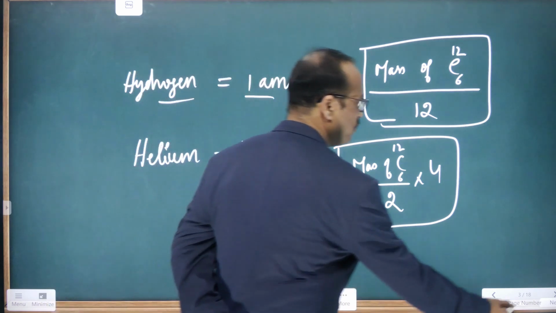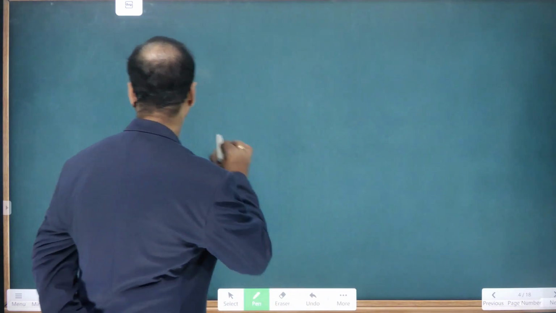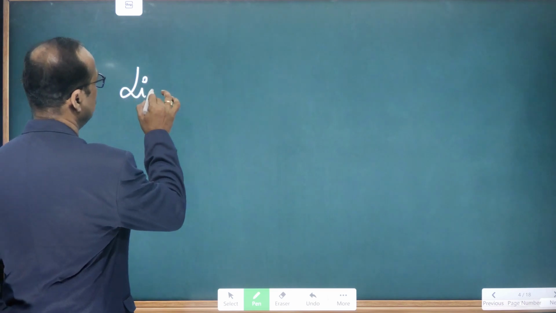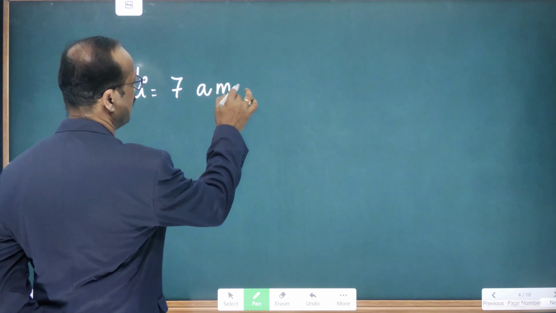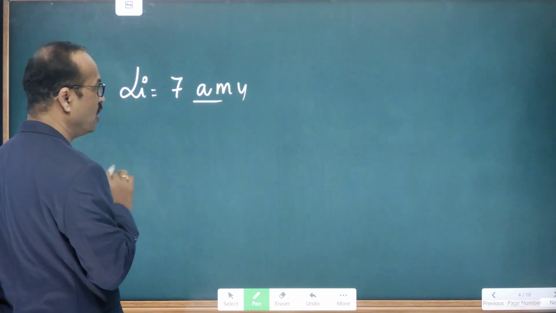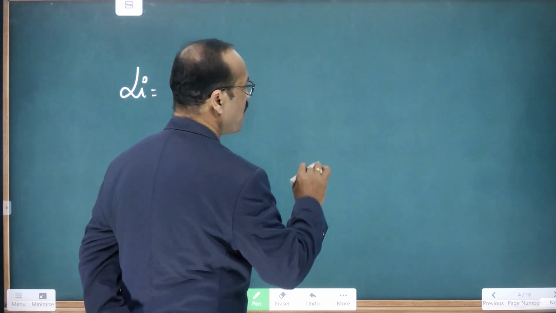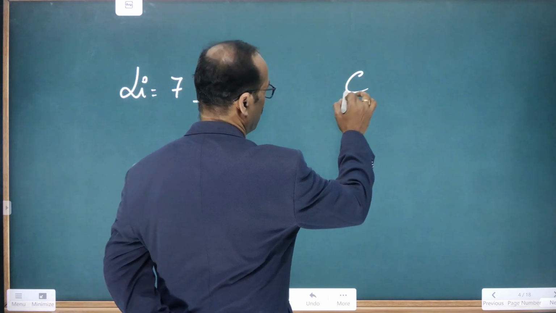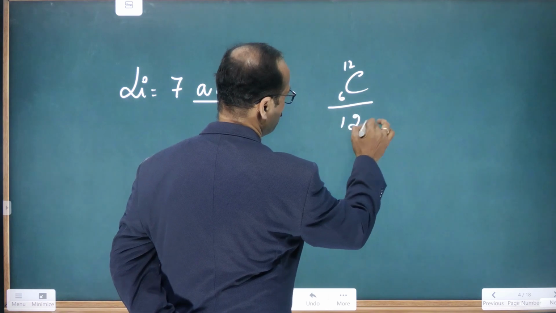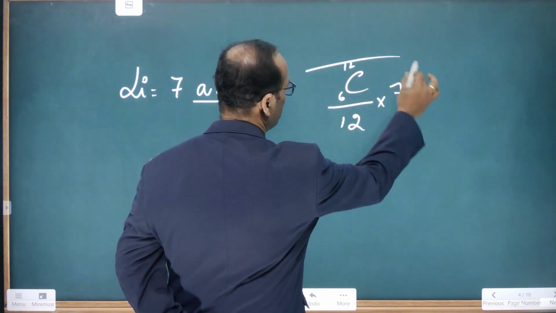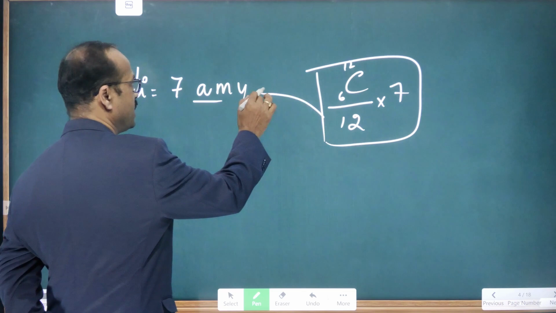Similarly, if we take lithium, the mass is approximately 7 AMU. The meaning is what? The mass of carbon divided by 12, into 7, then it comes to 7 AMU.